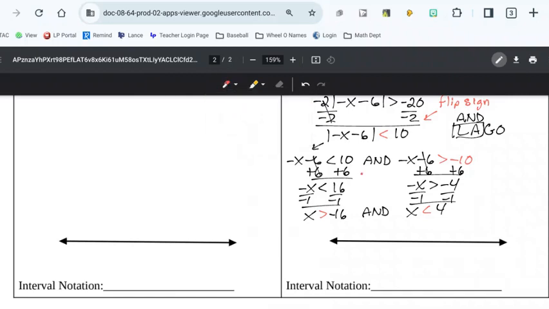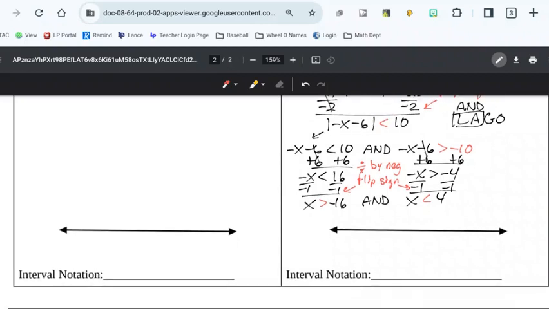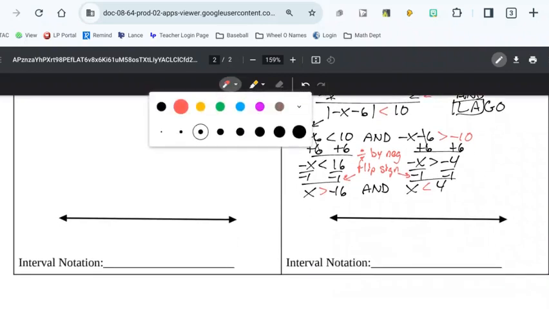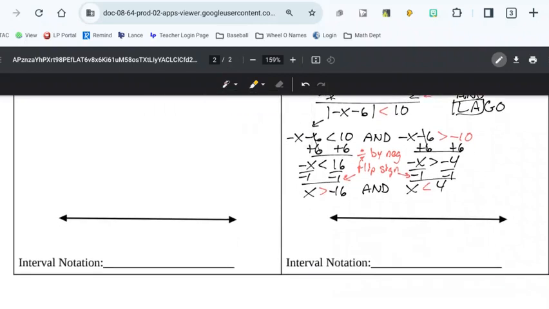So again, jot down your note here. Divide by a negative, we have to flip the sign. All right, now it's time to graph. So we have negative 16 and 4.